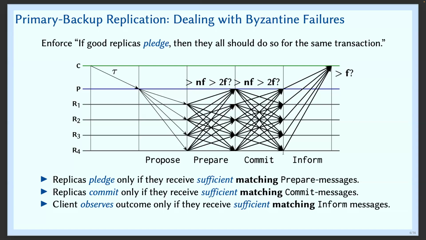It is possible that if R4 were to execute that transaction and send a message to the client, this was the only replica that had got to the locked state.